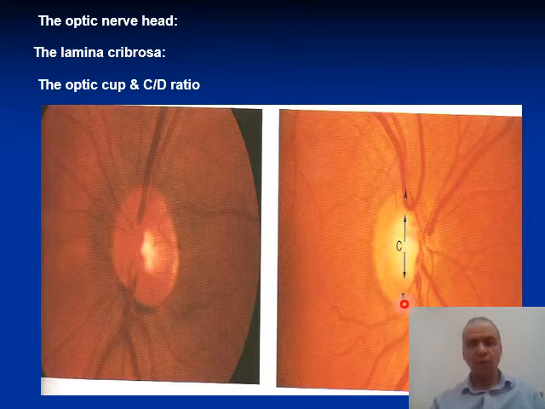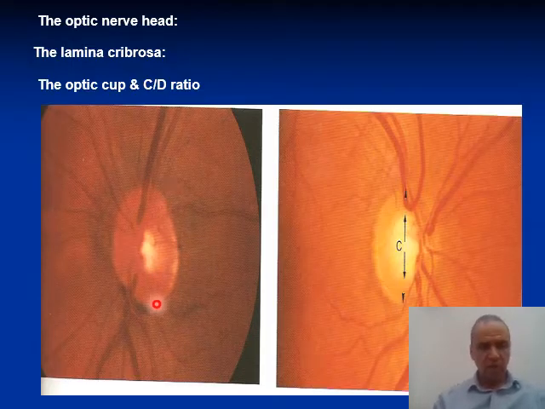While in patients with glaucoma, the cup disc ratio is usually more than 30%. For example, in this optic disc, the vertical diameter of the cup comprises about 40% of the vertical diameter of the optic disc as a whole.